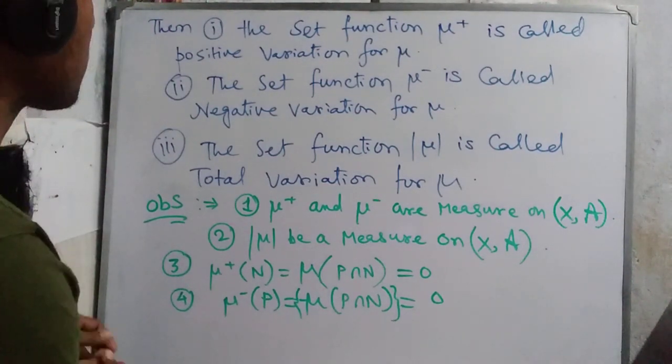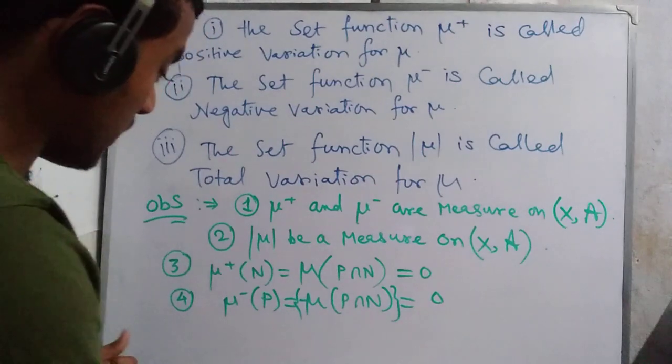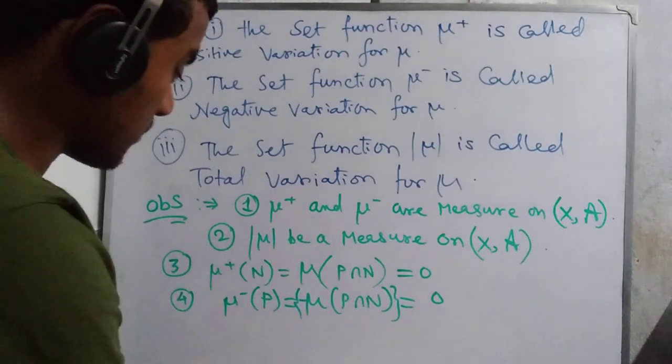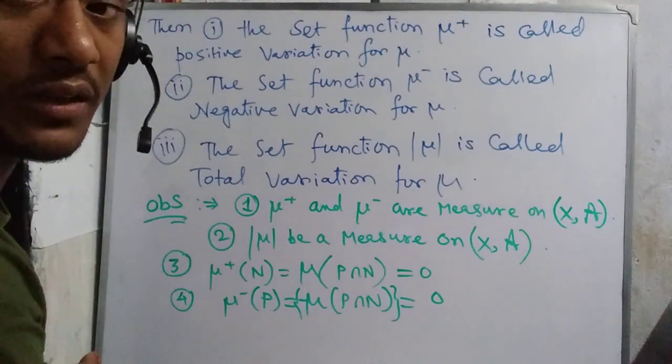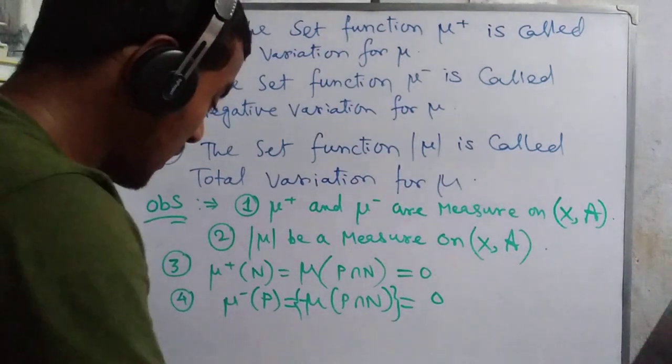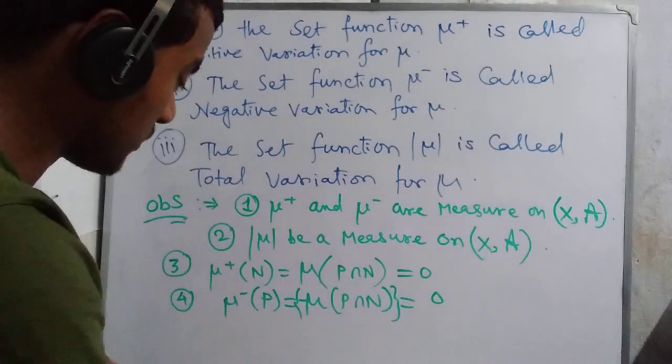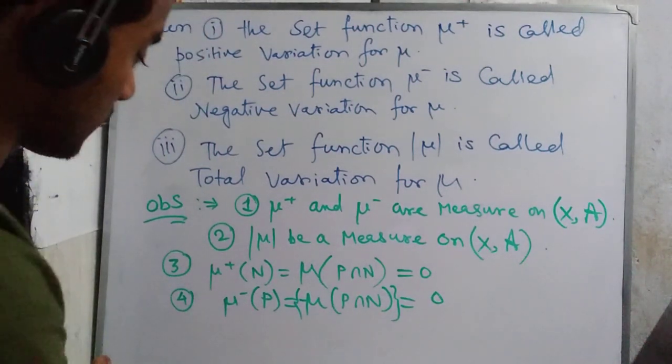So the set function mu plus is the positive variation for mu, the set function mu minus is called the negative variation for mu, and the set function modulus of mu is called the total variation for mu.